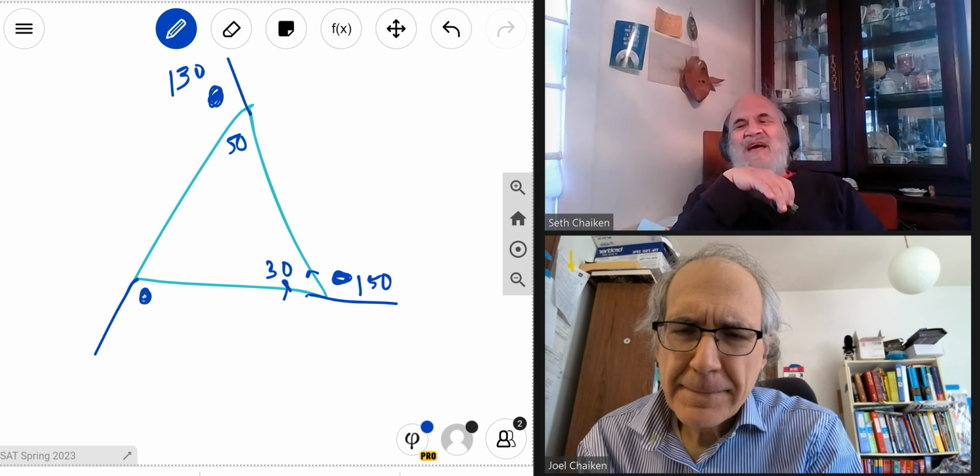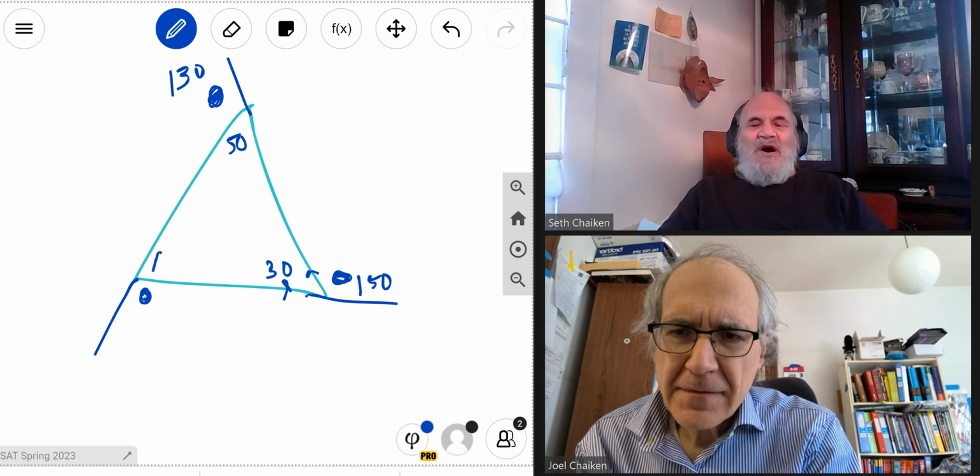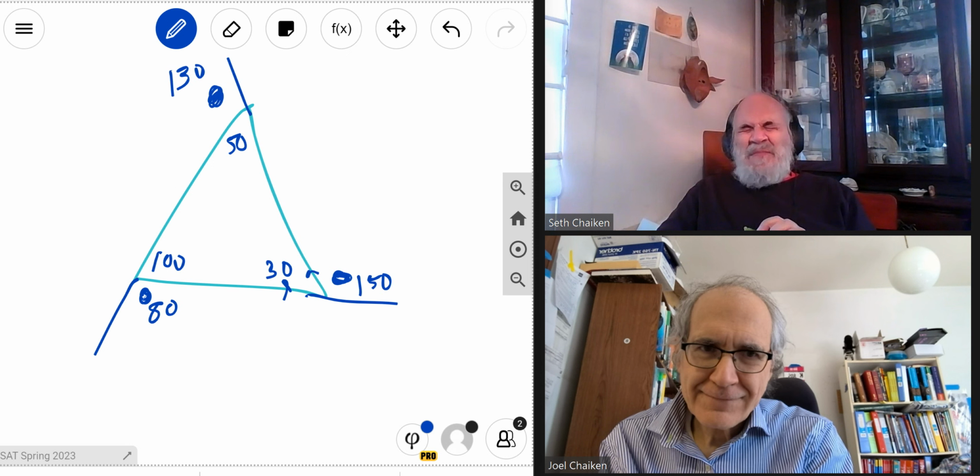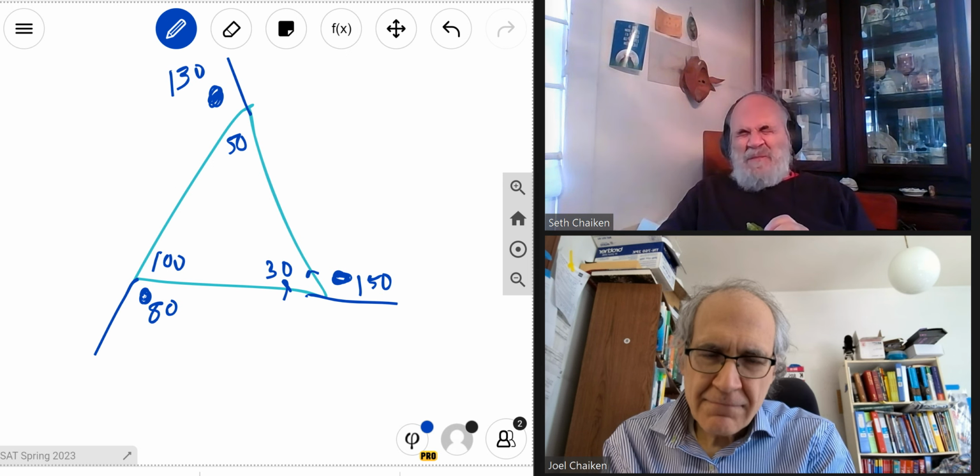And that is the turtle argument that demonstrates that the sum of the exterior angles for any polygon is 360 degrees. Interesting, right?